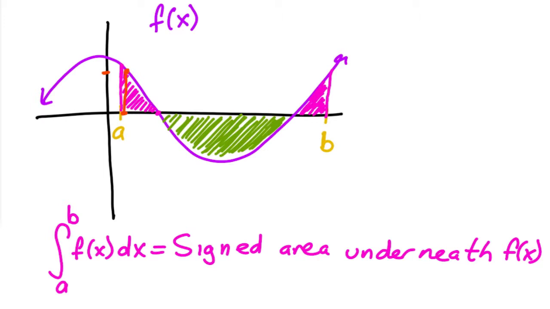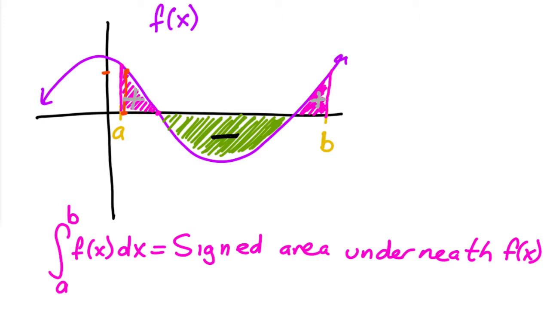Because the value of the function is positive up here, the area is going to be positive right here and right here. But the value of the function is negative down here, so this area down here is going to be counted as negative.